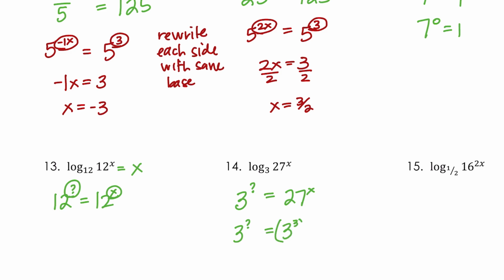I'm going to rewrite that 27 with the same base. So I kind of have question mark equals 3x, kind of like we had up here. But it's weird because I have question mark and x. I'm saying question mark equals 3x. So 3x is my answer.